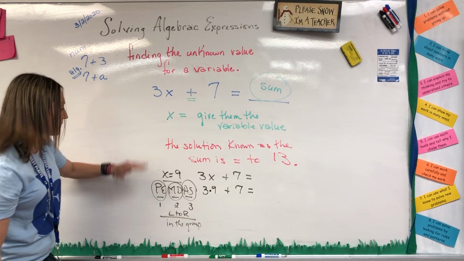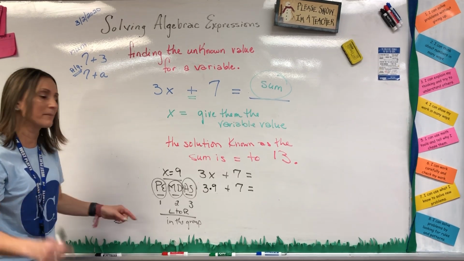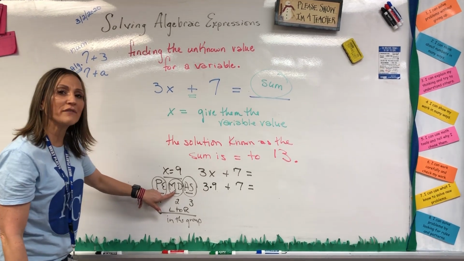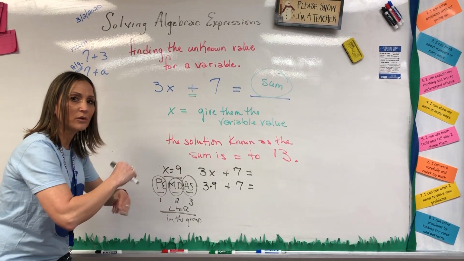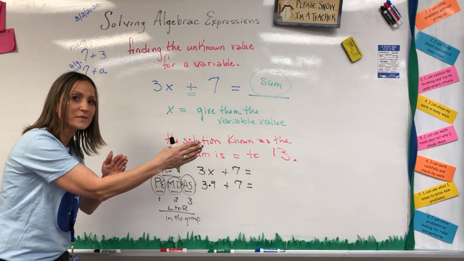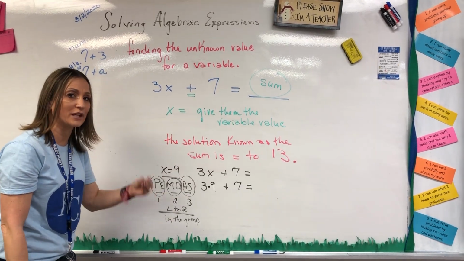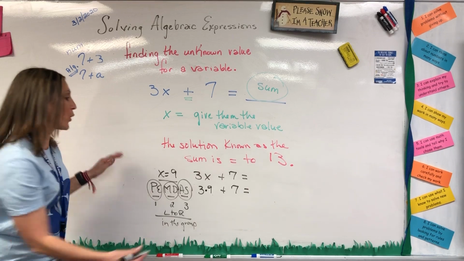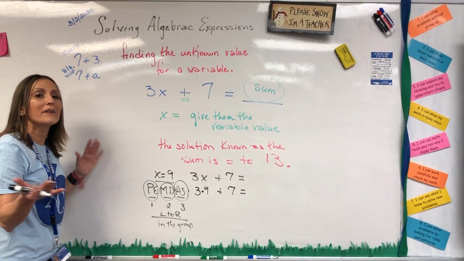What does that mean? Parentheses and exponents must come first, however they come. Multiplication and division must come second. It doesn't matter whether it's multiplication or division, it's whichever one comes left to right. Then addition and subtraction follow at the end in the third group. That is very important because your students are so used to saying, oh, I love addition.